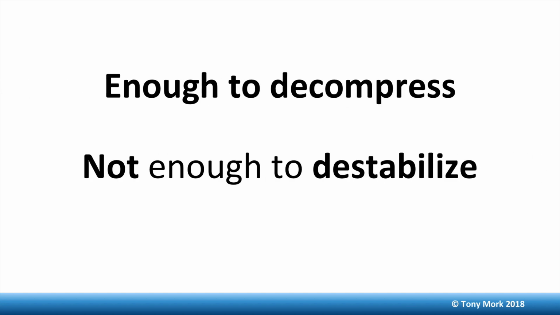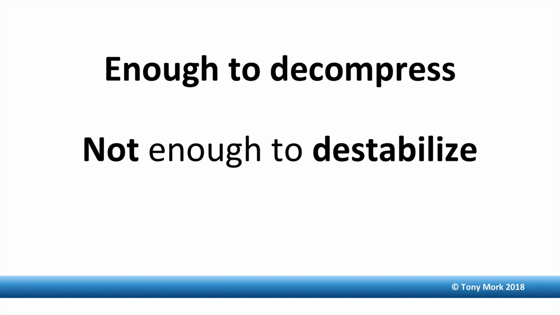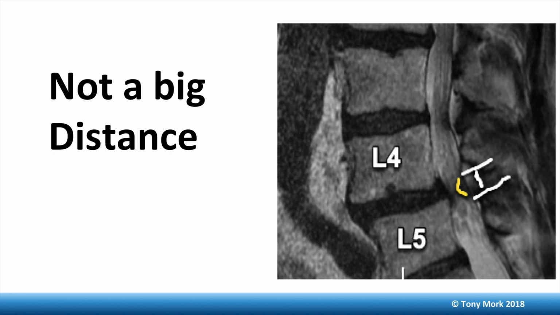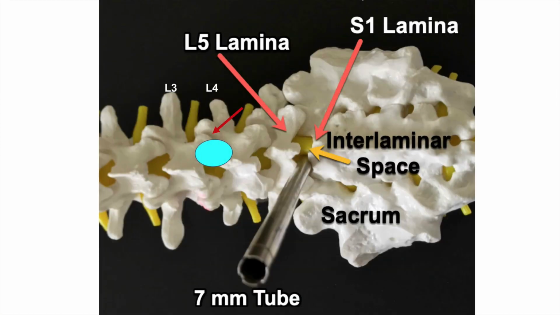Enough to decompress the spinal nerves, but not enough to destabilize. When you look at this, it's not really a big distance that has to be dealt with. It's just a centimeter or maybe a little bit more than that. So it's not too much distance.